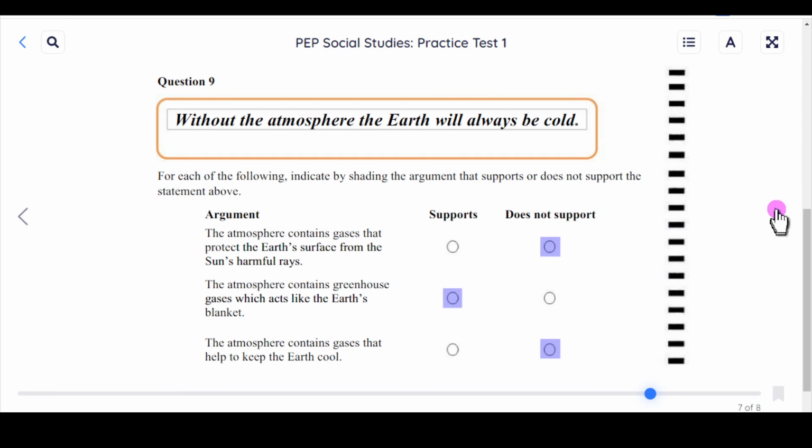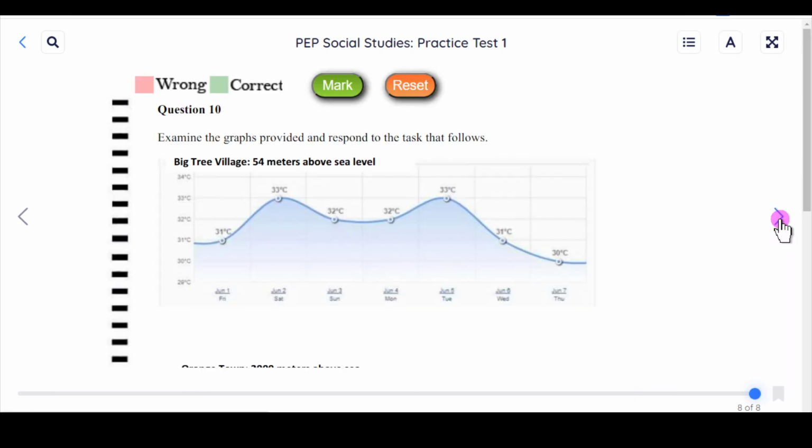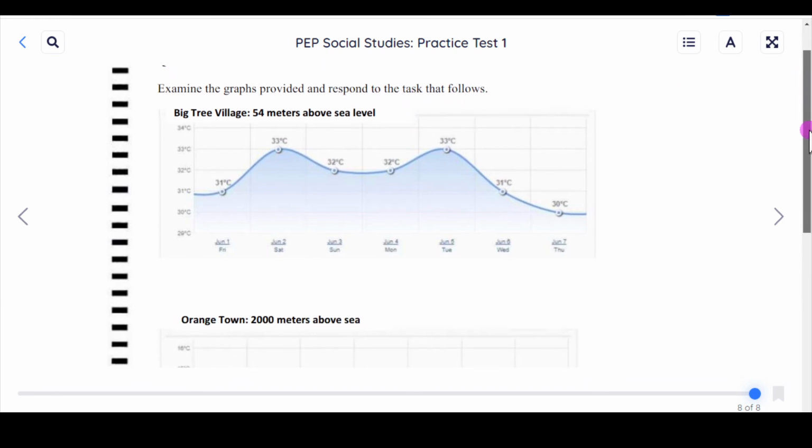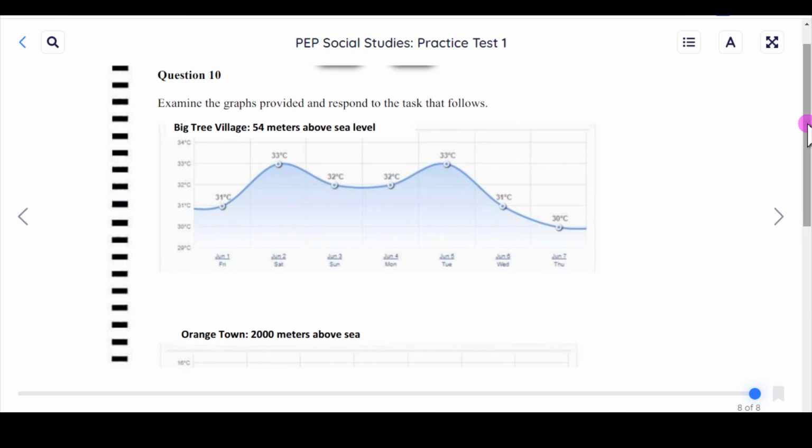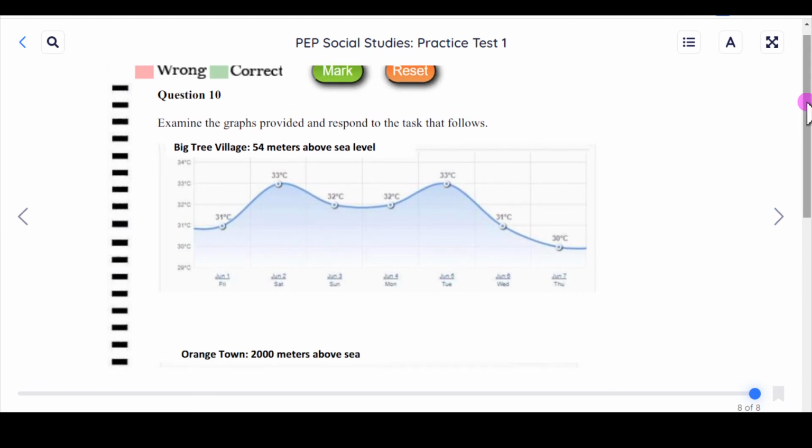All right, let's go to question 10 now. Examine the graphs provided and respond to the task that follows. So we have some graphs here. Some maths coming into the social studies here. Again, all the subjects are linked.